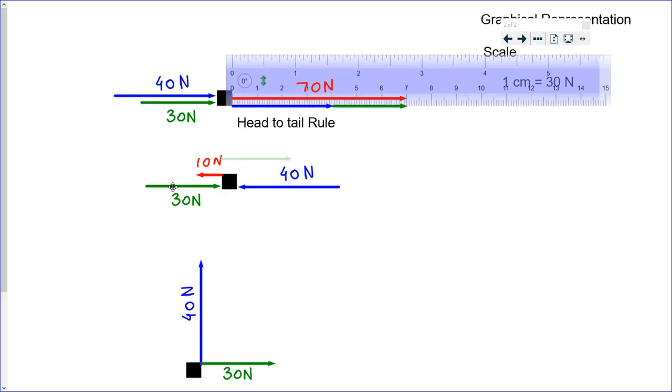From that point, we acted a force forward and we end up somewhere here, right? And from the head of this green force, we draw that same 40 Newton without changing its length or without changing its direction. We draw it by joining the head of the green with the tail of the blue. Got it?